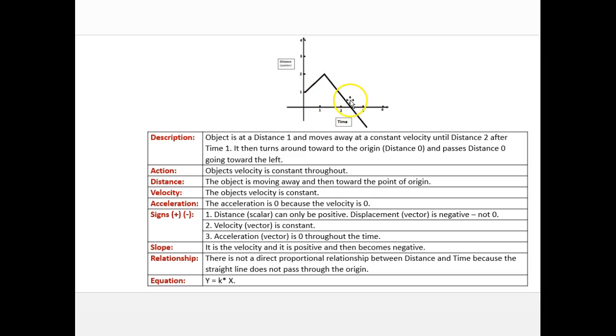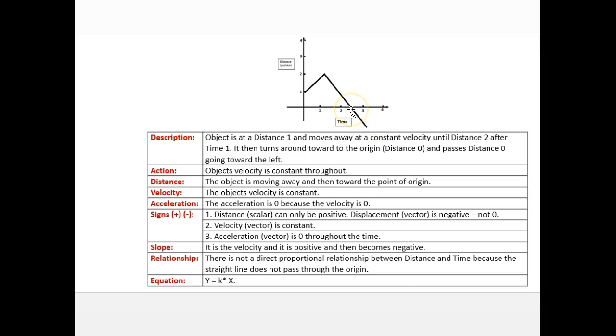So the object starts at this distance and then comes back to it. At around time 2, it's about where it began. Then it continues to go left until it reaches 0 distance, and then continues to go left again.